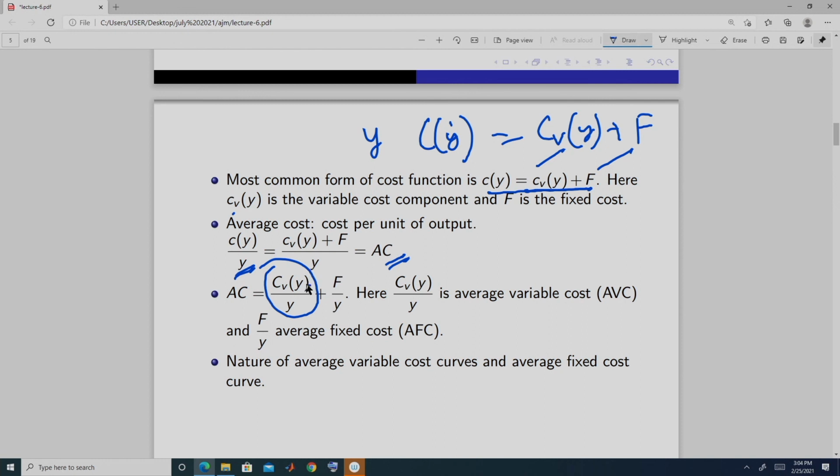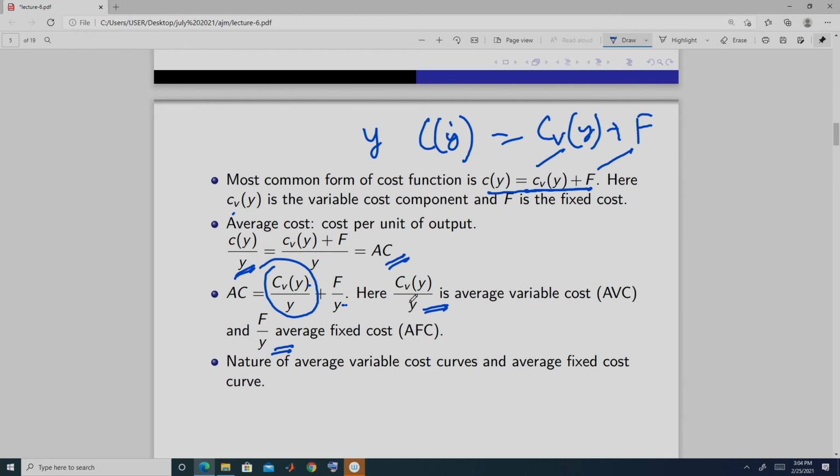So, this part is called the average variable cost, and this part is called the average fixed cost. Okay? So, average cost is the sum of two types of cost, that is average variable cost plus average fixed cost. Average variable cost gives you the average cost coming from the variable component, and this is coming from the fixed cost component. Okay?